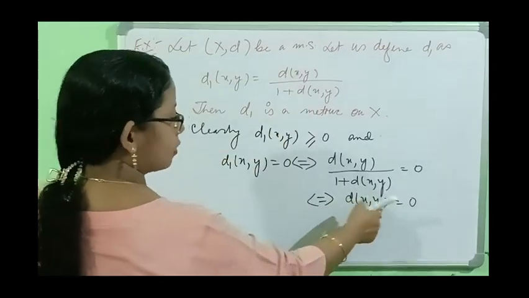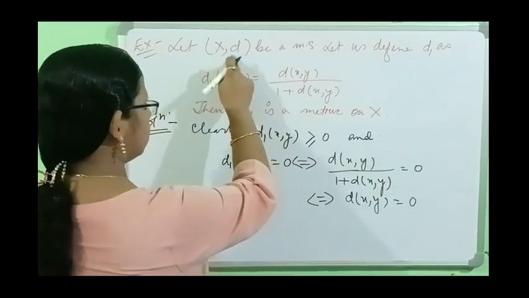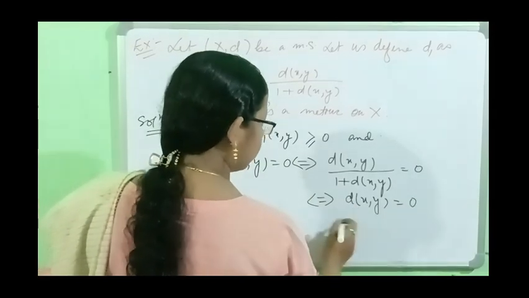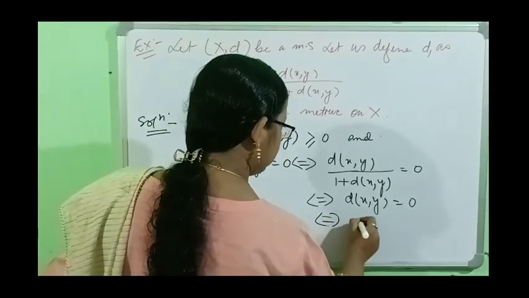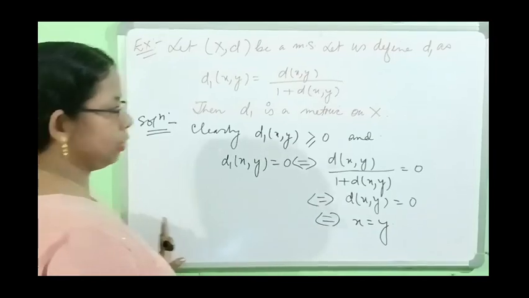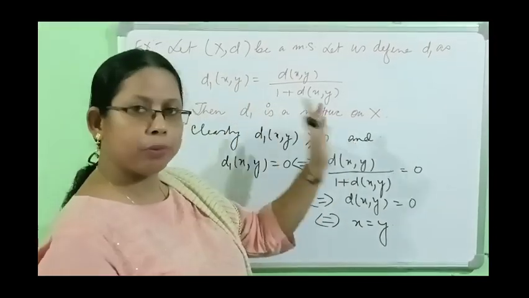That means d(x,y) is 0, and as d is a metric, this will be 0 only when x is equal to y. That means my first condition for d1 to be a metric is satisfied.